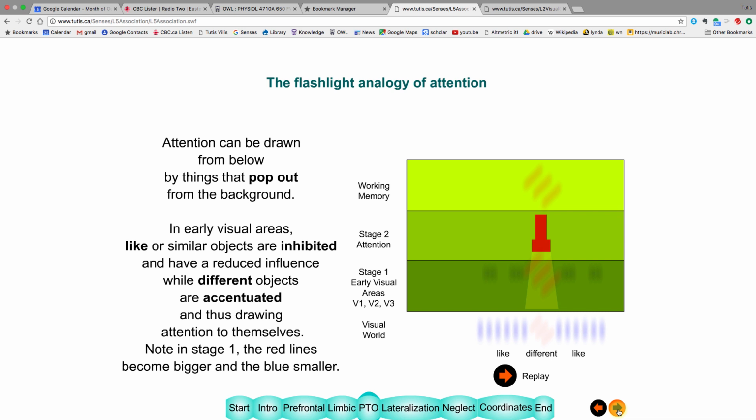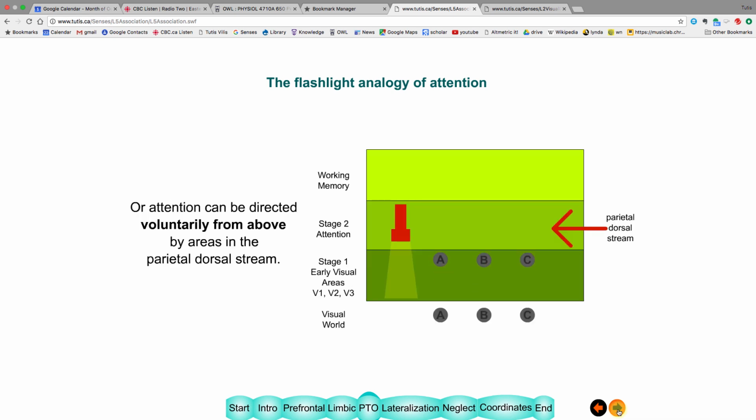So that standing out is important. If something flashes, it's also important. You notice it. Now, if you're attending to one thing, you won't be attending to these others. You have to attend to them in sequence.